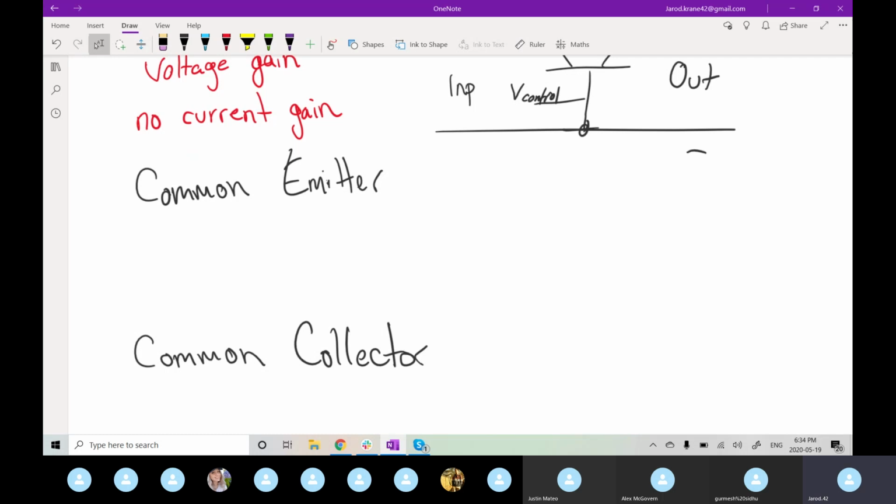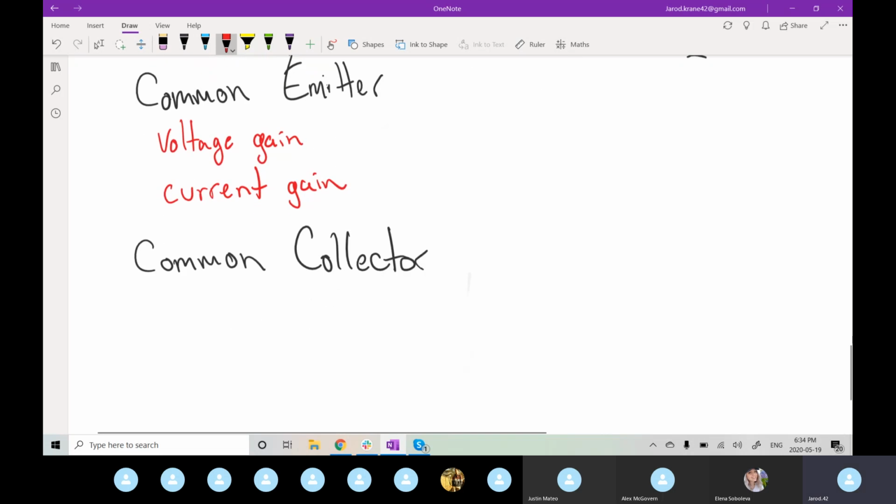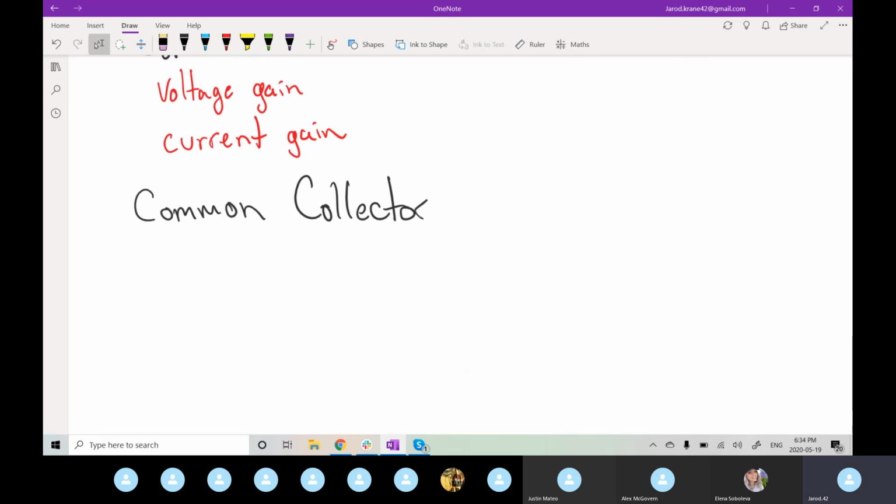Similarly, if we do common emitter, we can achieve voltage gain as well as a current gain. And then finally, if we're doing common collector, we can get current gain, but no voltage gain.